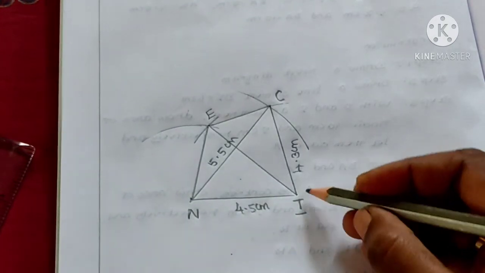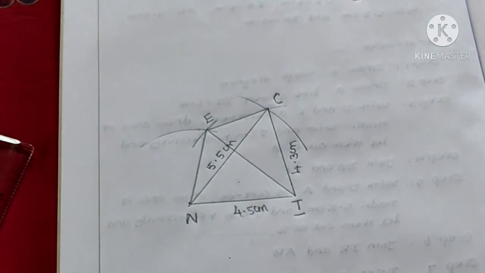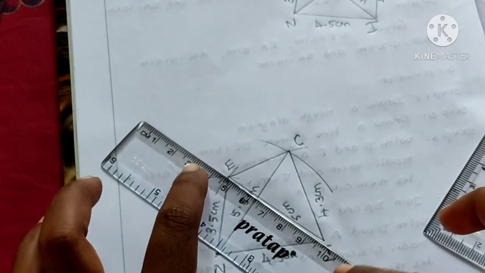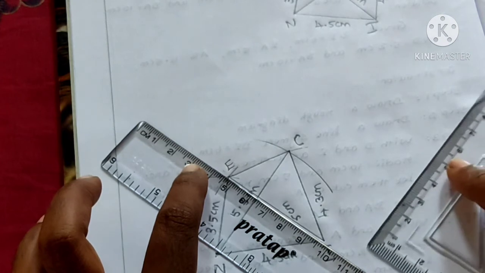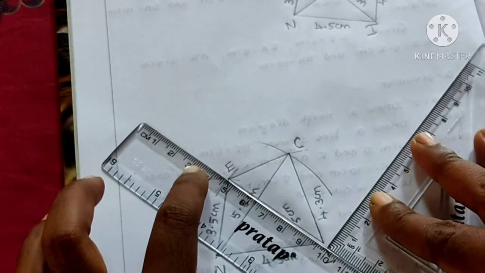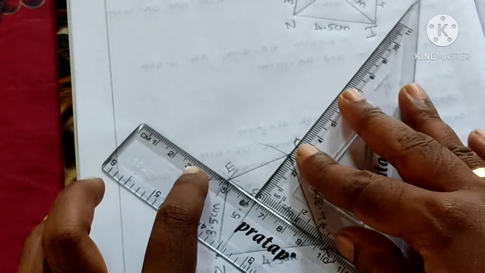Okay, NICE quadrilateral. Now you find out the area using this quadrilateral. Now you keep the scale below the line segment IE. Below the line segment IE, take the set square and move the set square right to left.